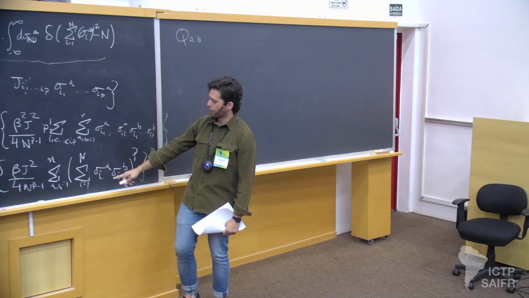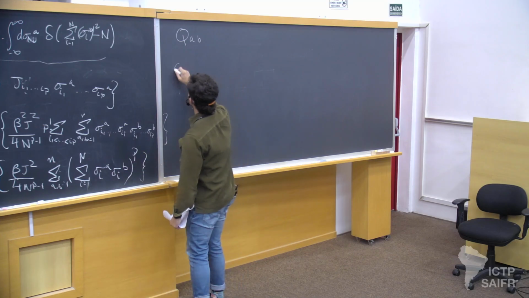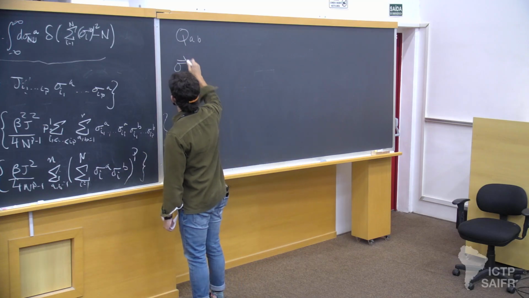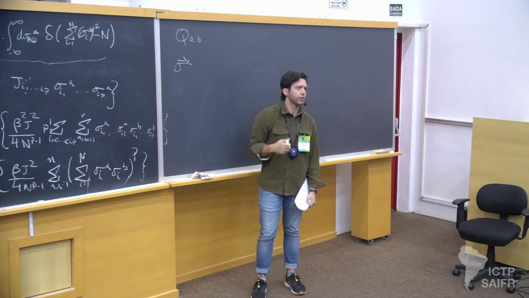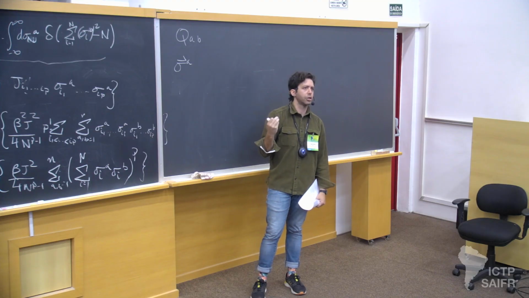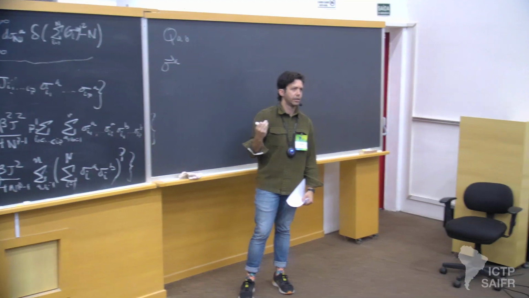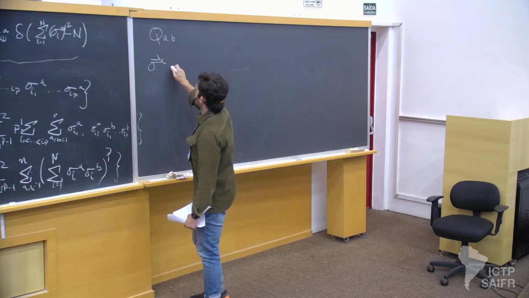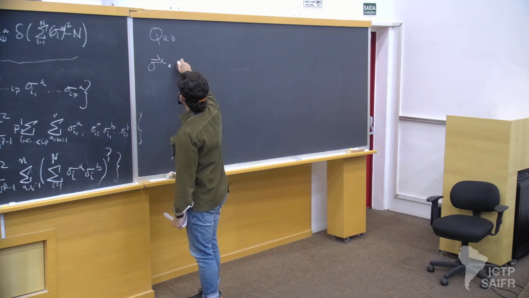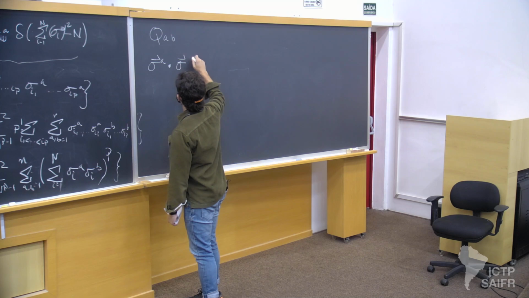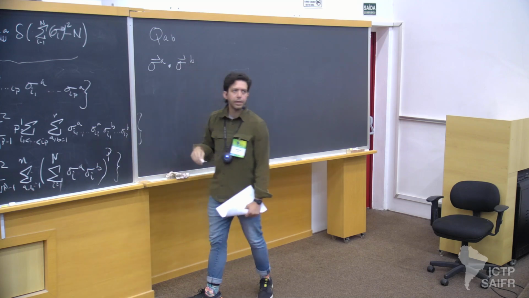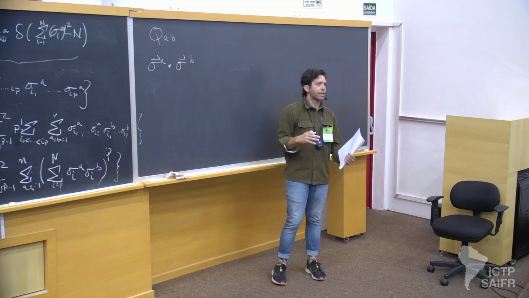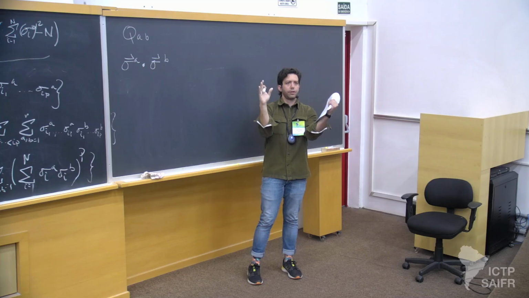What you can think of is the spin, sigma A, as a vector that represents the configuration of the system, of replica A. And then I dot it into the configuration of replica B. What that is measuring is the angle between these two configurations, right?